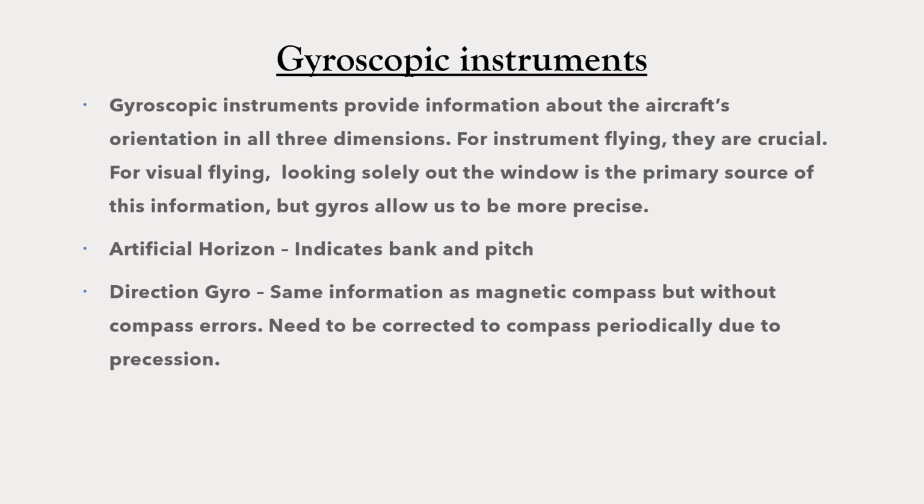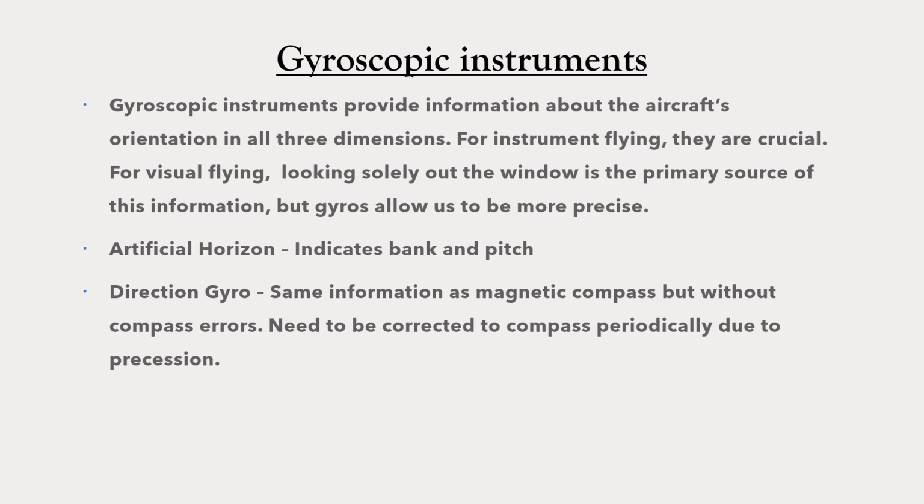It doesn't have some of the types of errors that a compass has that we just talked about. It doesn't bounce around in turbulence and be hard to read. One problem it does have is that it tends to gradually drift off over time.